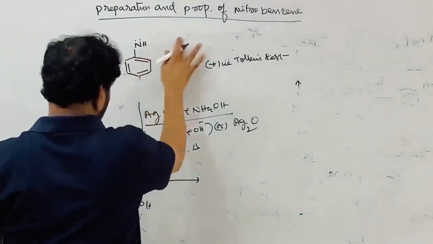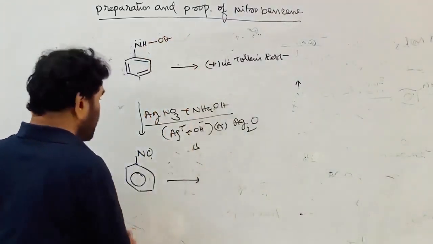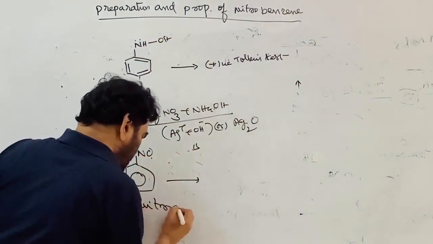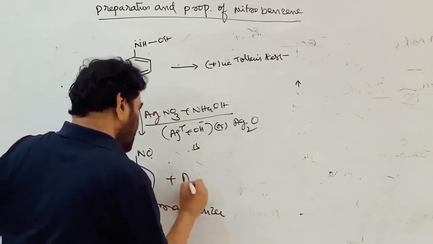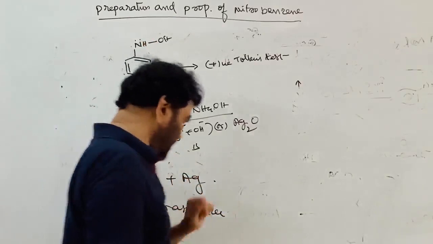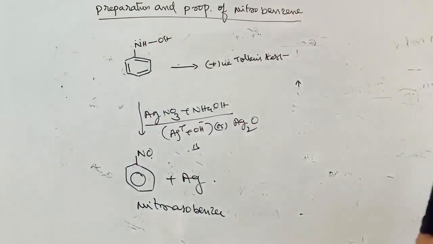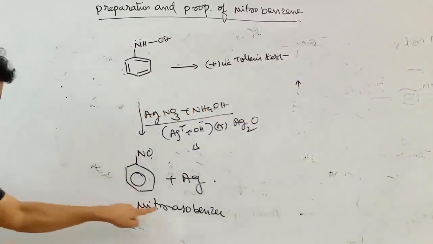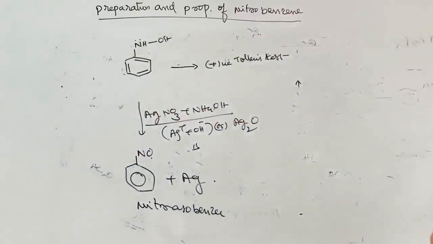Phenyl hydroxylamine on treatment with this gives nitroso mixture plus silver. Phenyl hydroxylamine gives the positive Tollens test, not para-aminophenol. This gives the converted nitrosobenzene plus silver powder is formed, silver mirror is formed.